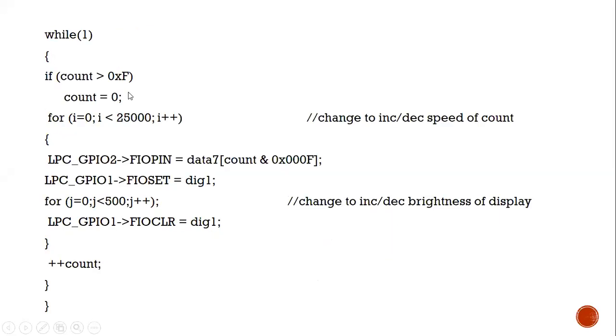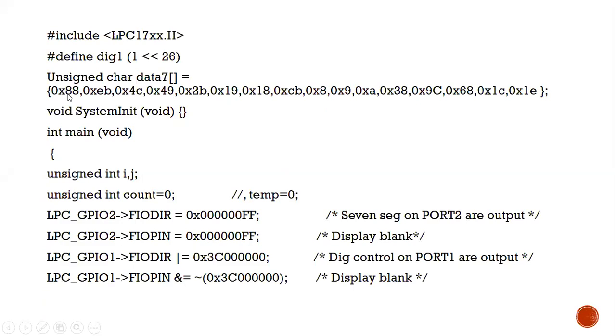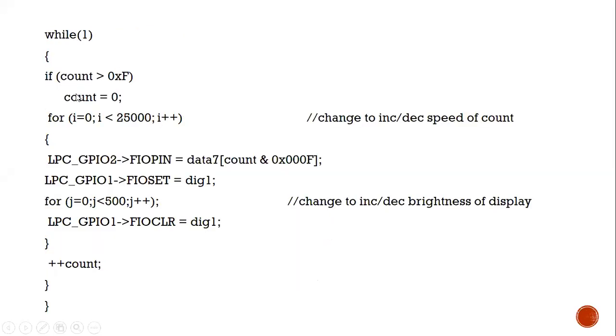First condition: the count value is 0, and this character value is 88. If I add these two, I will get the value 0. Then the same value will be displayed on this pin, the digi 1 pin.